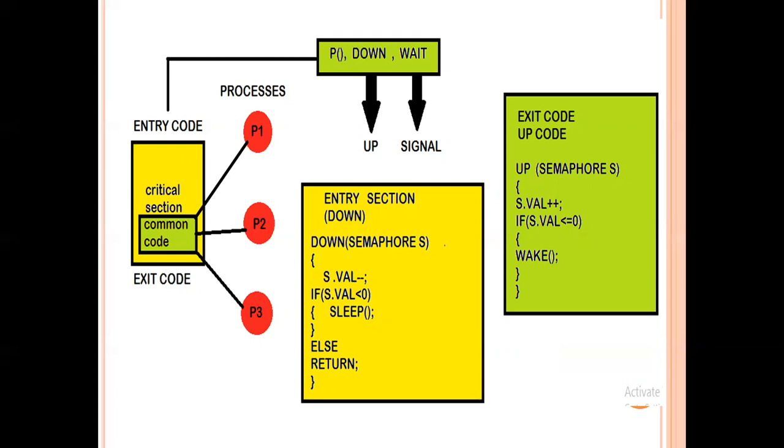But if the semaphore value is already zero, then after the value decrements, it becomes negative. In this case, the process cannot access the common code in the critical section, and therefore it goes to the block stack.